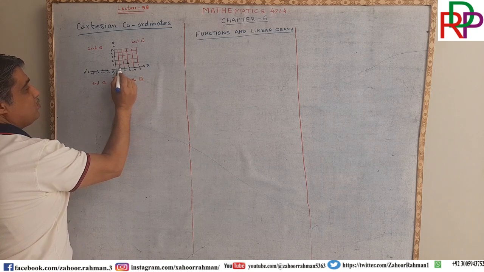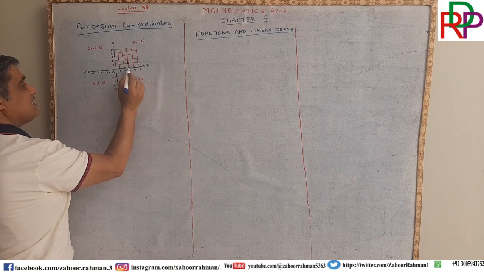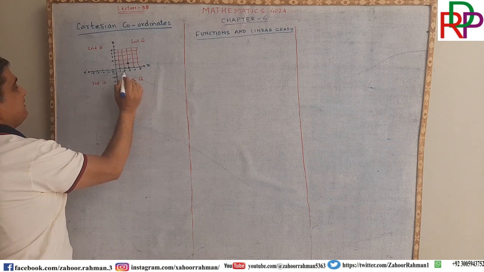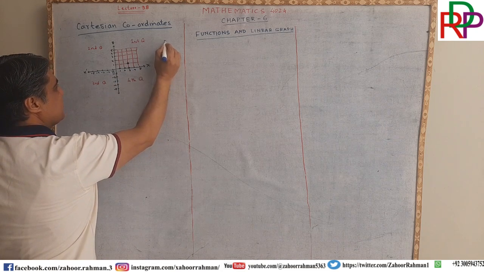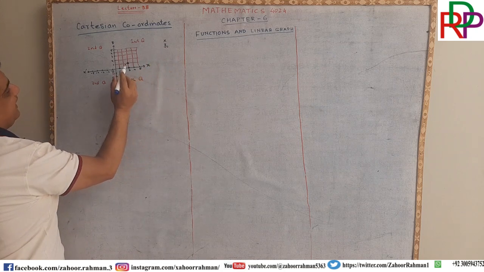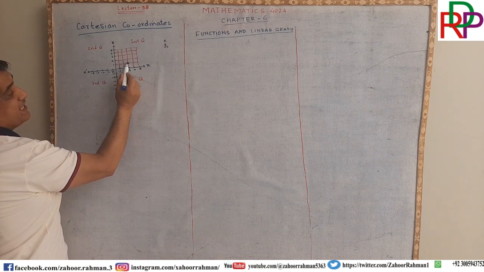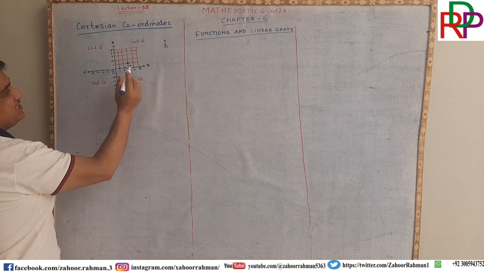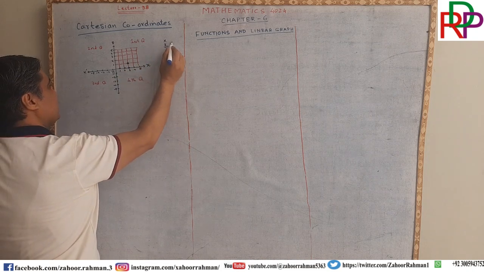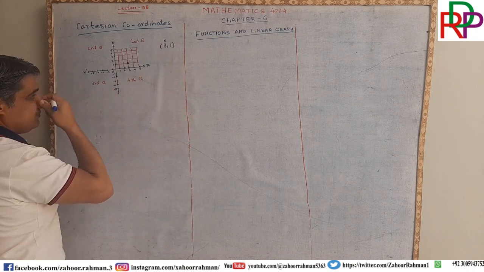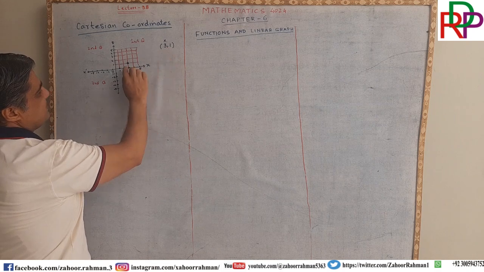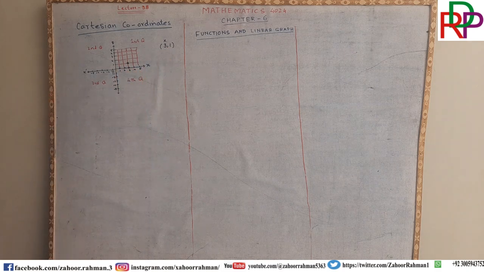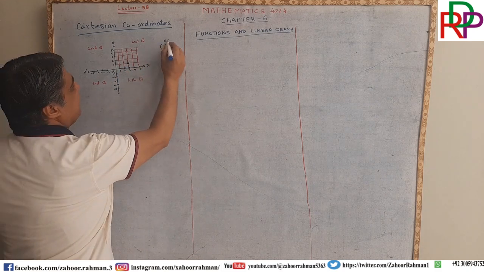You have to go one step, two step, and three step. So you have to write three step, which is x value, and then you have to move one step top to reach this point. This is called y axis.